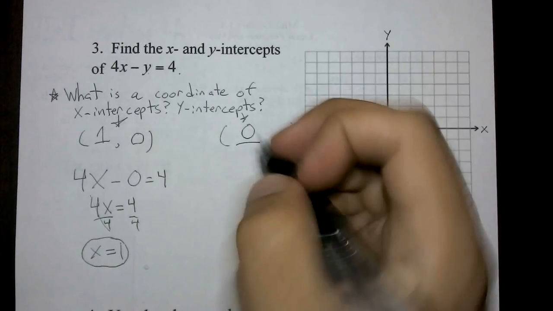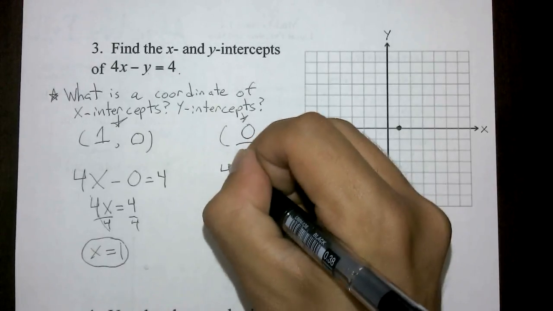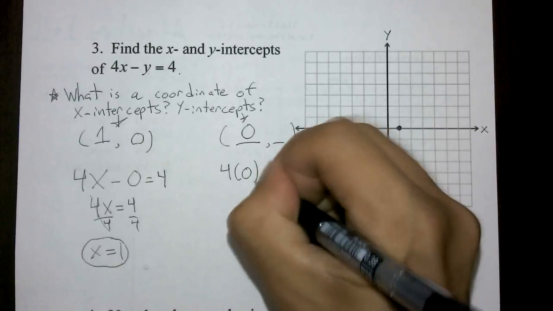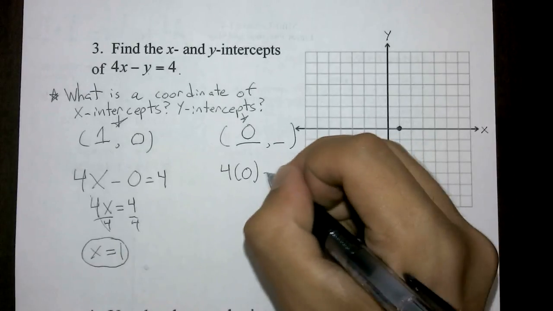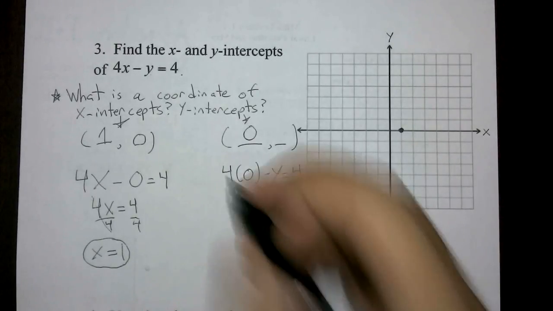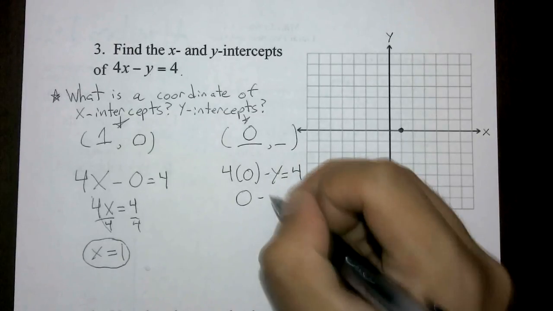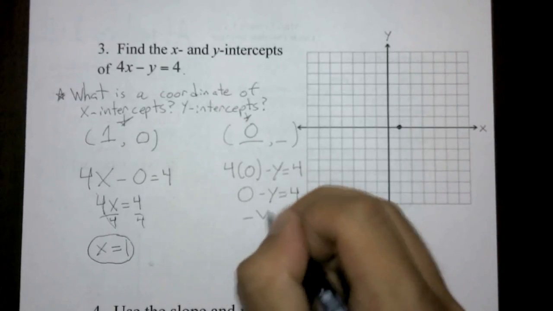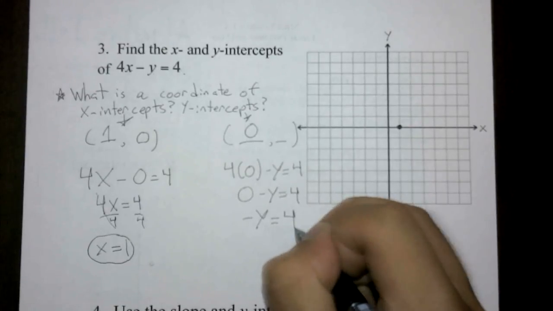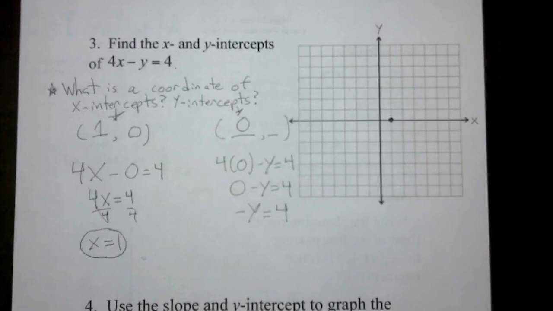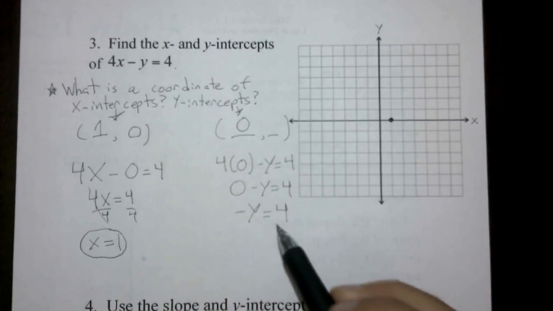If we're going for the x-intercept, that's the x-intercept we just got. If we're going for the y-intercept, we know the x-coordinate has to be 0. 4 times 0 is going to be 0. We're then subtracting y. This should be equal to 4. And so this might be an odd placement because normally we have a positive variable equals some number, but we have a negative y equals positive 4 here.